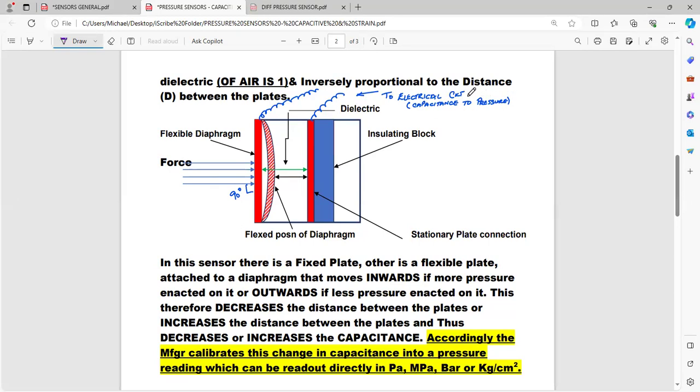This electrical circuit is going to change. Remember, we said C is equal to epsilon multiplied by A divided by D. Now, when this type of pressure sensor is manufactured, the area of the plates is going to be constant.